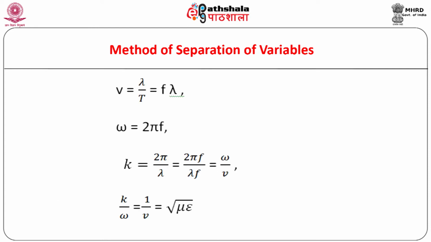Before we proceed further, let us note few simple relations as shown. These relations will be used further in simplification of some results. Using these relations, we can express gamma g in terms of what is known as cutoff frequency.